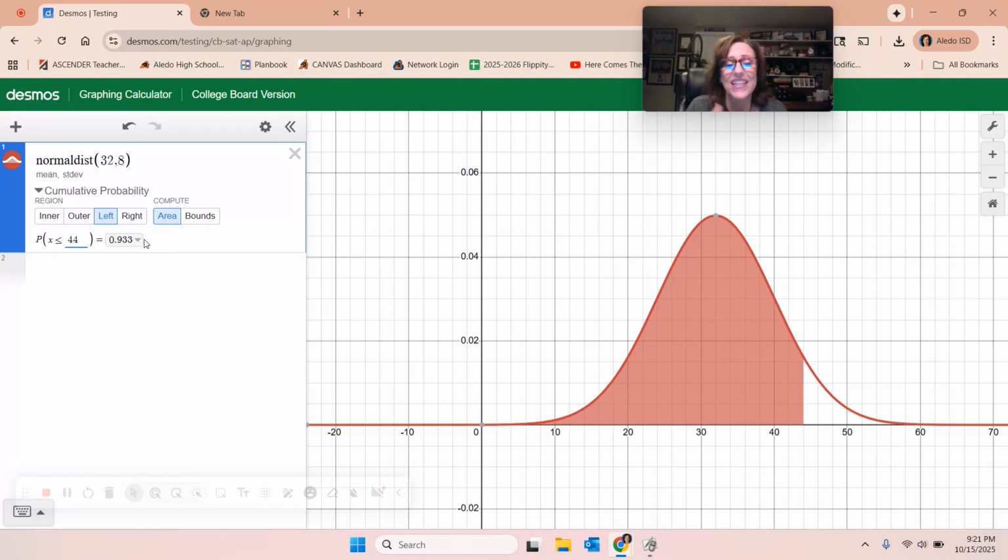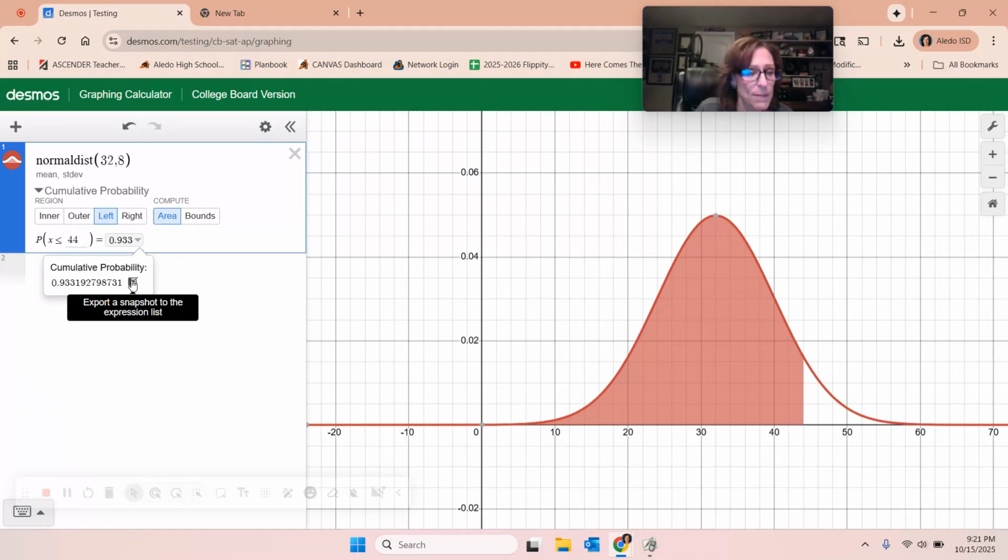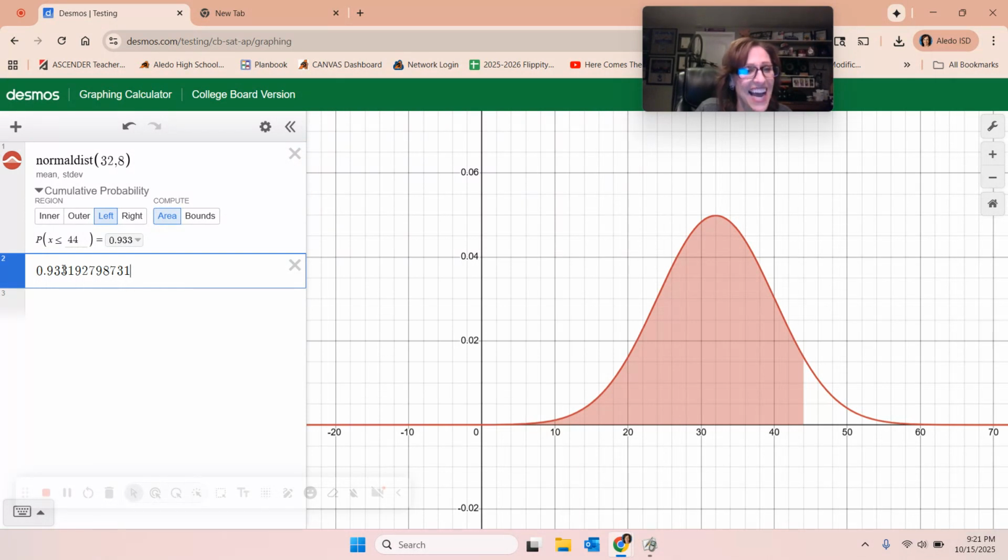That's like saying, what percent of people are you taller than? That's your percentile. If I click on this and hit the little copy button, it will put the entire decimal value. So the probability that you have a score less than or equal to 44 is 93.32%. So that person is essentially in the 93rd percentile.